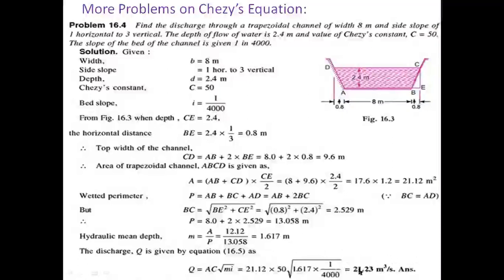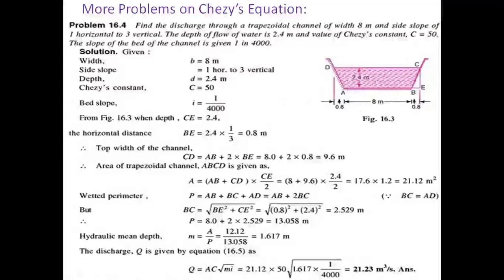The result is total discharge equal to 21.23 meter cube per second. This is the discharge for the trapezoidal channel using the Chezy constant equation.